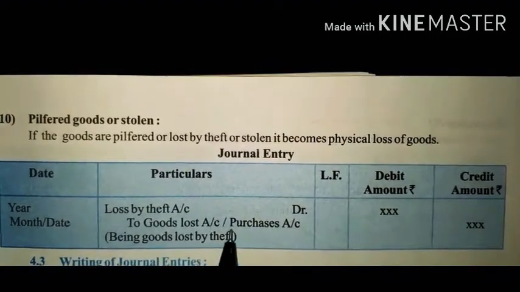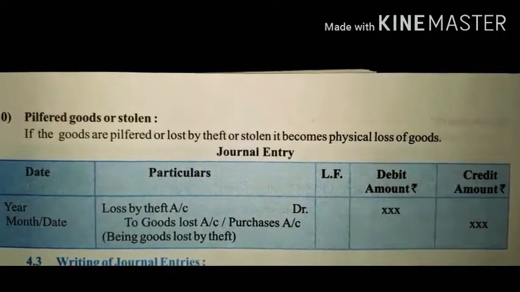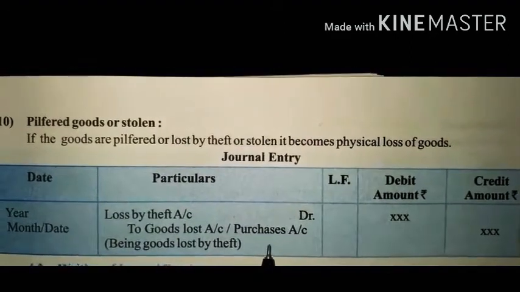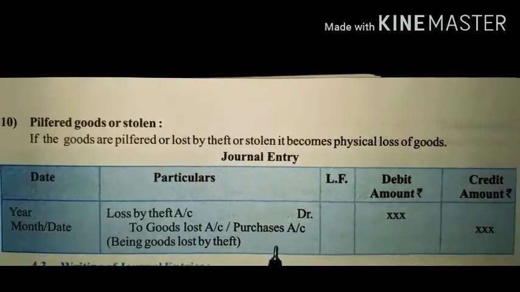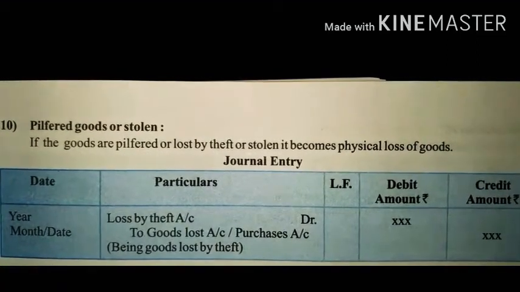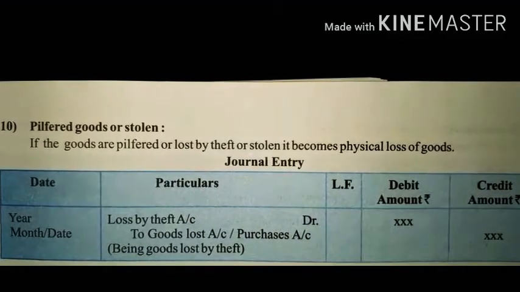To goods lost account / purchases account. Goods are lost by theft, that is, goods have gone out of the business, that is why credit effect is given over here. Credit what goes out. Purchases account is a real account, and the rule for real account is credit what goes out, and you have to write the amount in the credit column.